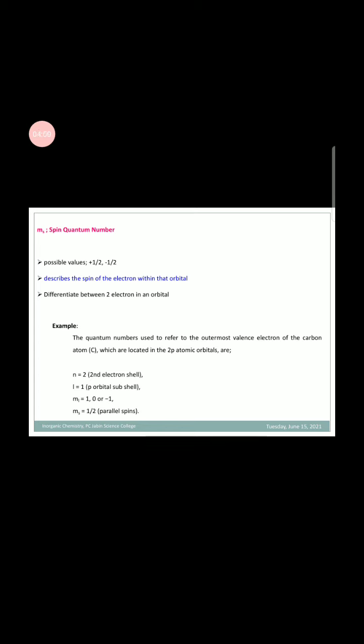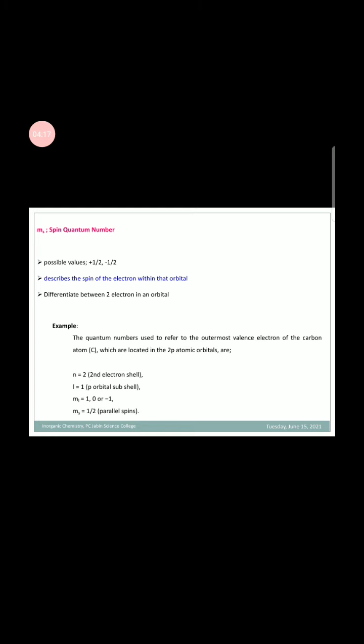Spin quantum number. Here the possible values are only 2, plus half or minus half. It describes the spin of the electron within that orbital and differentiates between two electrons in an orbital.